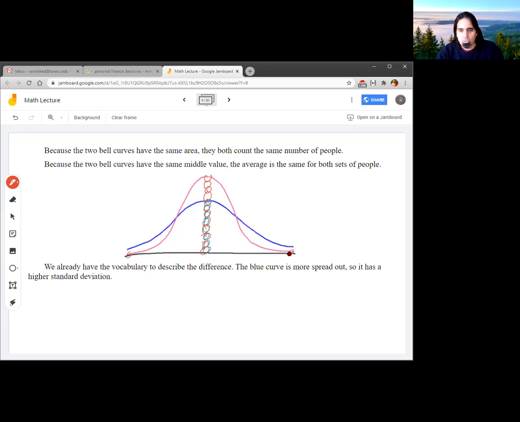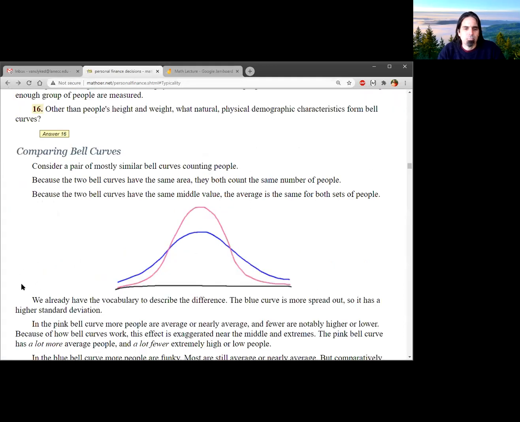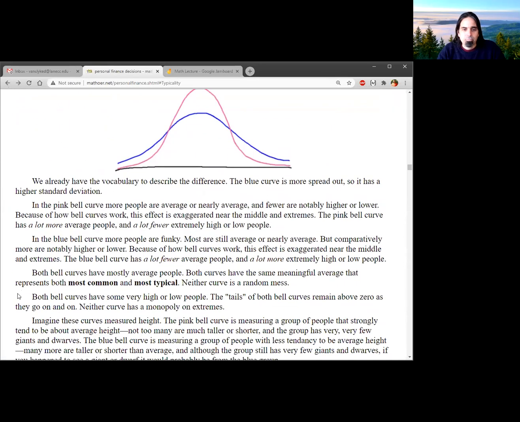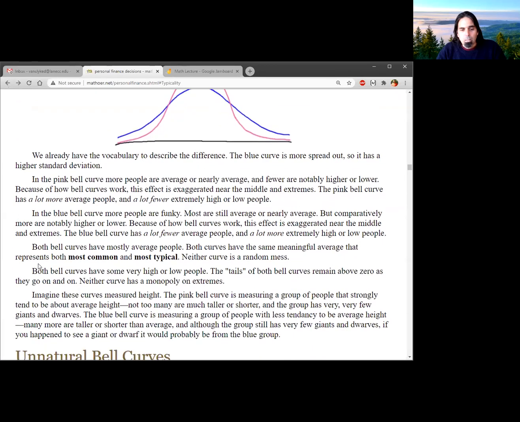It's not zero, there's still some people there, but there are fewer of them. Whereas for blue, there's more people that are still way out in the extreme. So this is that standard deviation term again. There's more variance from the middle. There's more standard deviation for the blue group. Okay, so there we go.